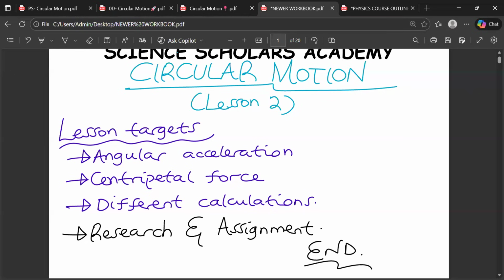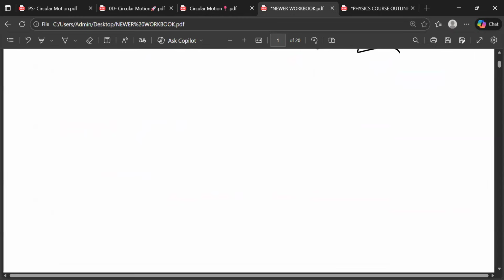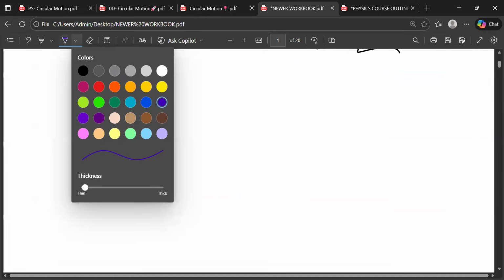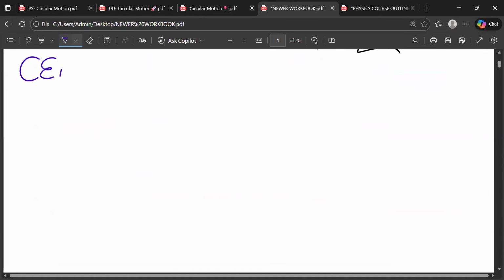So that when you look at how things are being brought up, you get the points. Okay, now we have our heading, centripetal acceleration.